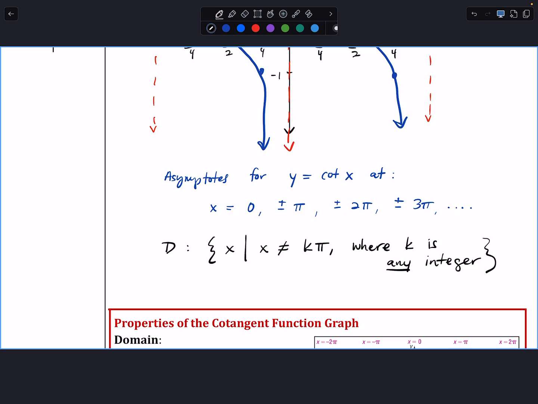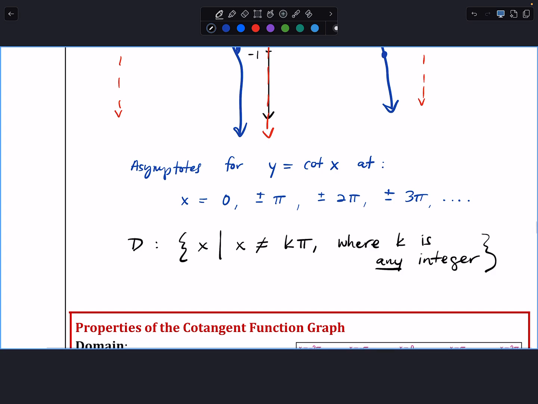We can't say number because you guys agree like fractions are numbers. Decimals are numbers. Pi is a number. In this case, it has to be an integer. 0 is an integer, technically. And then what's the range? Still all real numbers. Hooray.